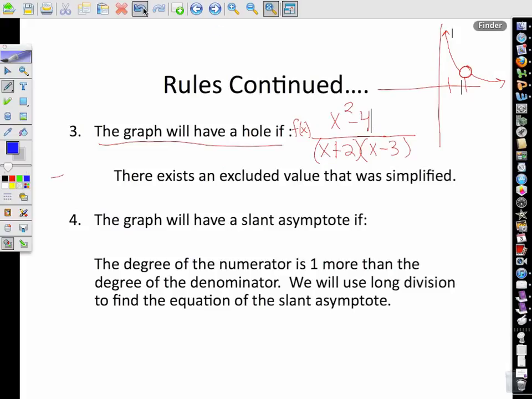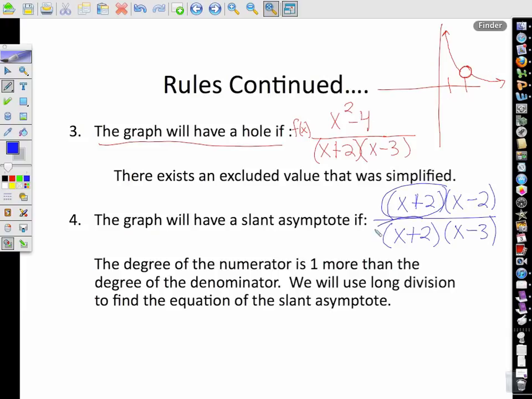This one would contain a hole because if I factor the top into x plus 2 and x minus 2, and on bottom, it's already in factored form of x plus 2 and x minus 3. Since I have an x plus 2 on top and bottom, and negative 2 would be considered a 0, then the hole would occur at negative 2.